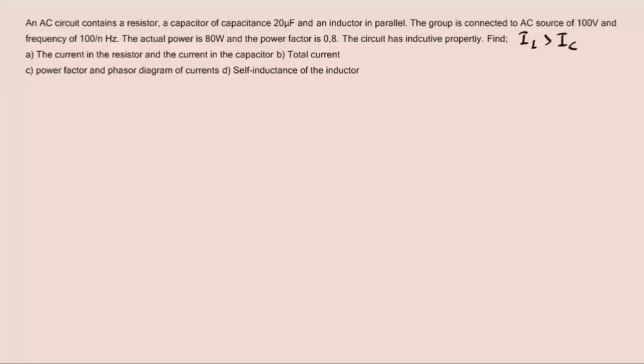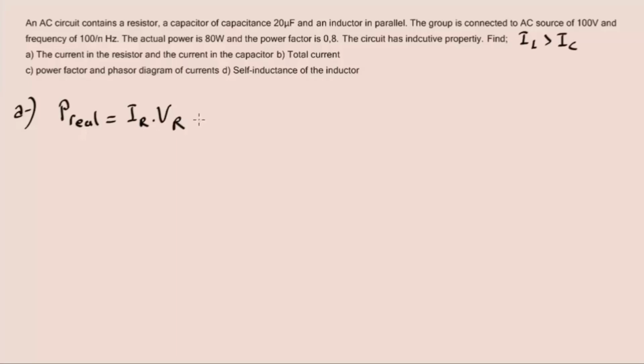A asks for the current in the resistor and the current in the capacitor. Current in the resistor, how can we calculate it? By using the actual real power, P real equals IR times VR.